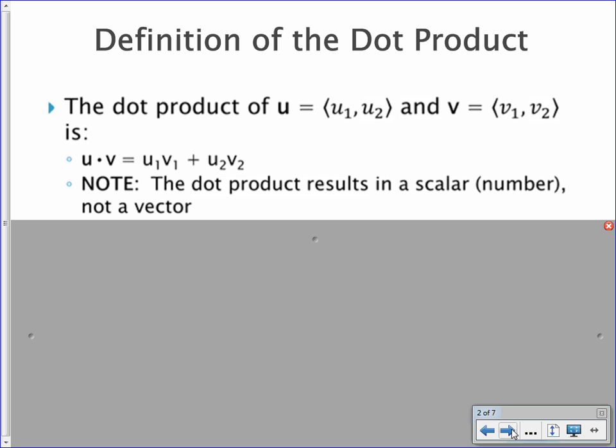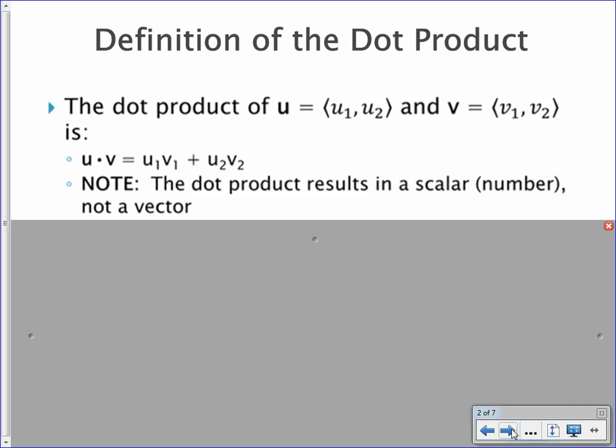Okay. So here, the dot product, here's my vector u, here's my vector v. When we take the dot product, notice the symbol. It looks like a multiplication symbol, but we call it the dot product because it's not really multiplying, because we don't get a vector out of it. So when we take the dot product, we multiply the horizontal components plus multiply the vertical components.